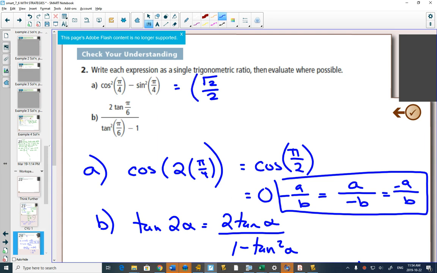Root 2 over 2 squared minus what's sine of pi over 4? Root 2 over 2 squared. A little bit of mental math. This squared minus itself squared again should be 0. So what I don't like about these questions, A and B, is they gave you values that were already on your unit circle. So if you wanted to evaluate them, chances are you just try to do it directly right from the beginning. Then you'd have to simplify, but that's not too bad.